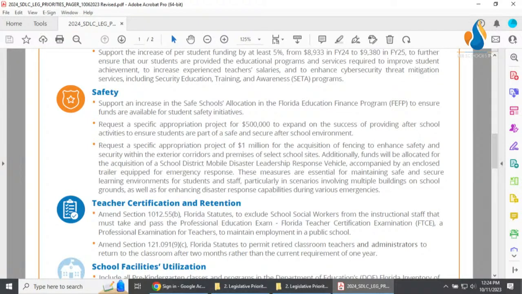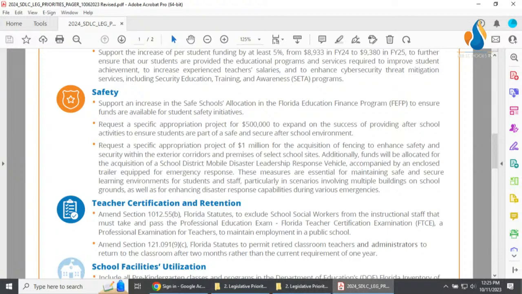One is for $500,000 to continue the success of the after-school programming, taking care of our students. The other one used to be 2 or 3 different ones, and we were able to combine it into one manageable appropriation, and this one is for $1 million.